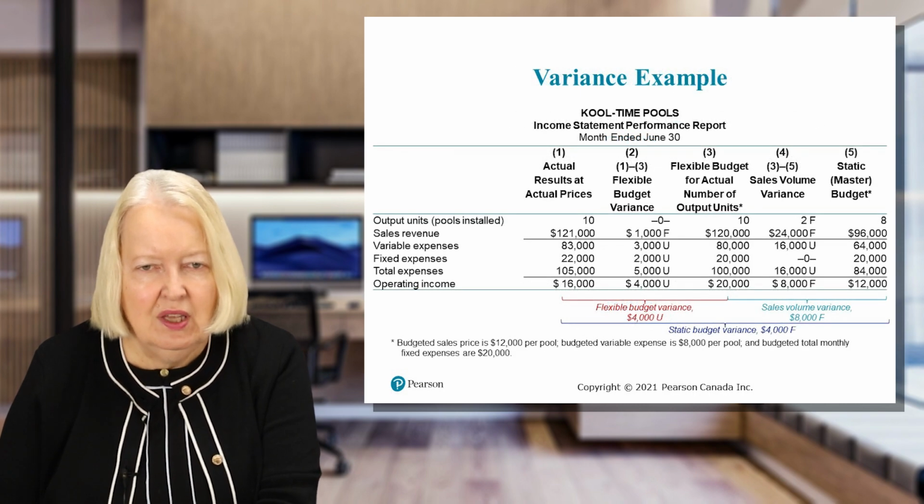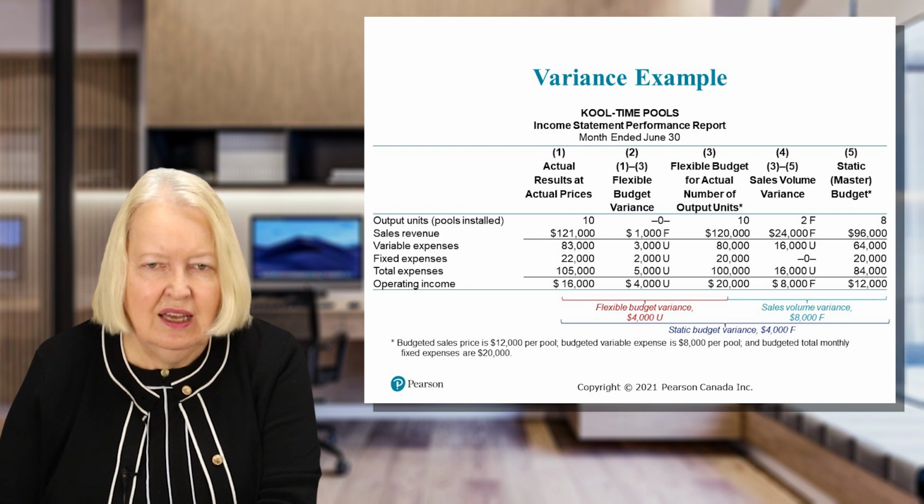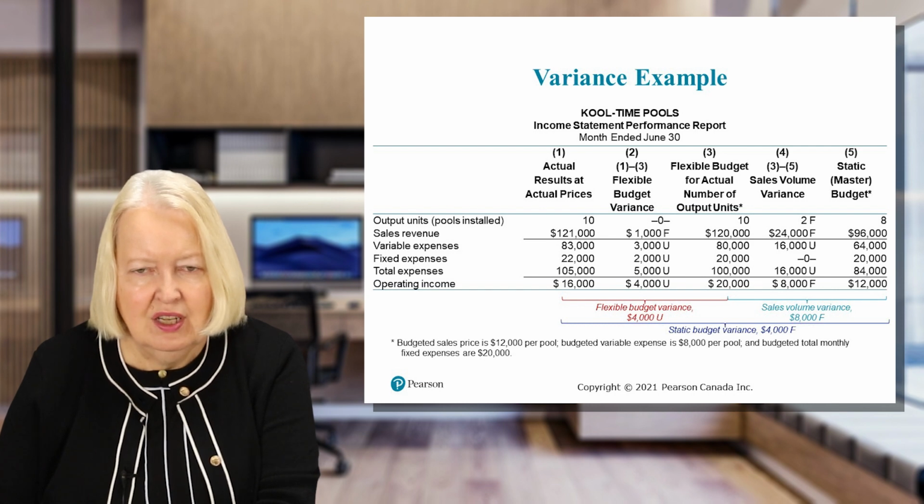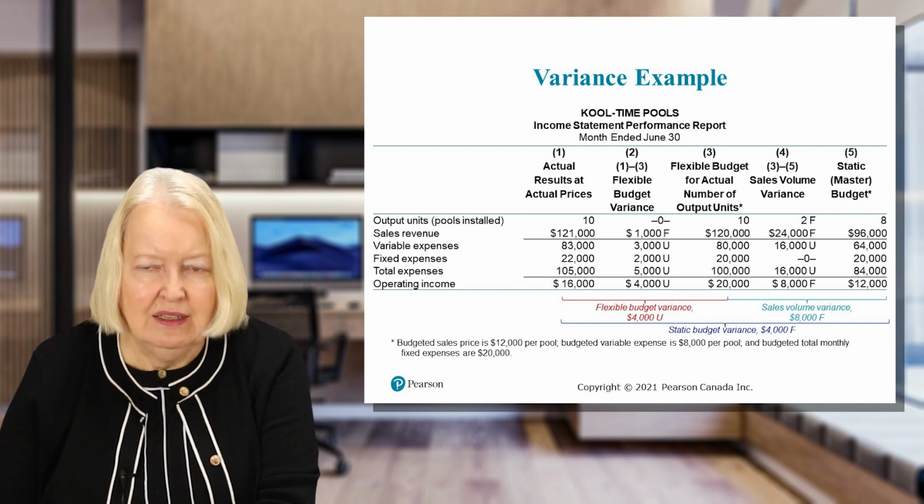So here we see an income statement where you're looking at your actual results and comparing that to your flexible budget. The last column over on the right is your static budget. When you prepared your budget, you were anticipating selling 8 pools, but you actually sold 10, which is the first column.